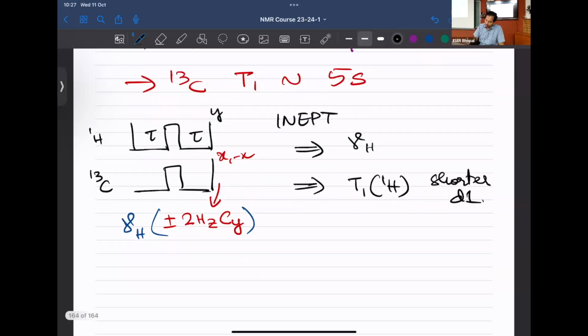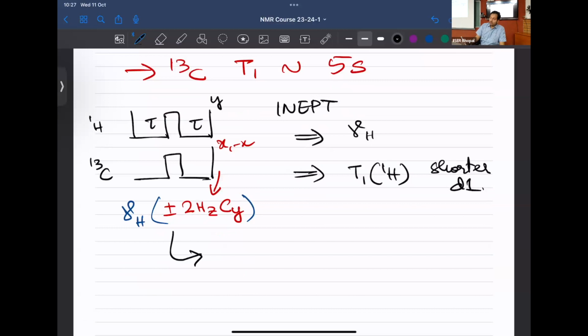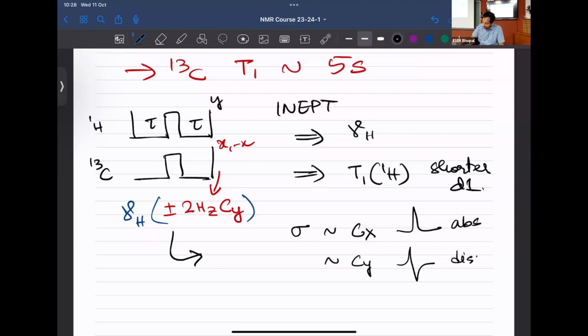There's still a small problem with INEPT where you cannot just get done with this because you're going to have an antiphase signal. So what do I mean by it? If you slowly, as we start going towards the end, let's say that one of the penultimate density matrix is of the form CX, you'll get a signal like this. The penultimate form is CY, you're going to get the dispersive part.